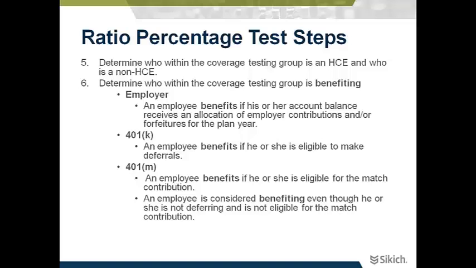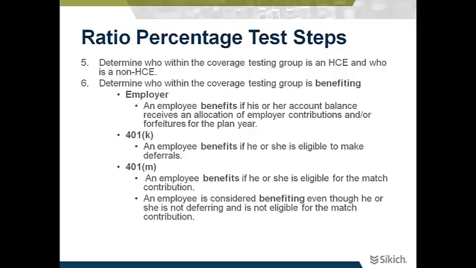Whether an employee benefits from the plan depends on the component of the plan. What that means is, if we're testing the employer component of the plan, an employee benefits under the plan if his or her account balance receives an allocation of the employer contributions and forfeitures for the plan year. If we are testing the 401k component of the plan, the salary deferrals, then an employee benefits if he or she is eligible to make deferrals.